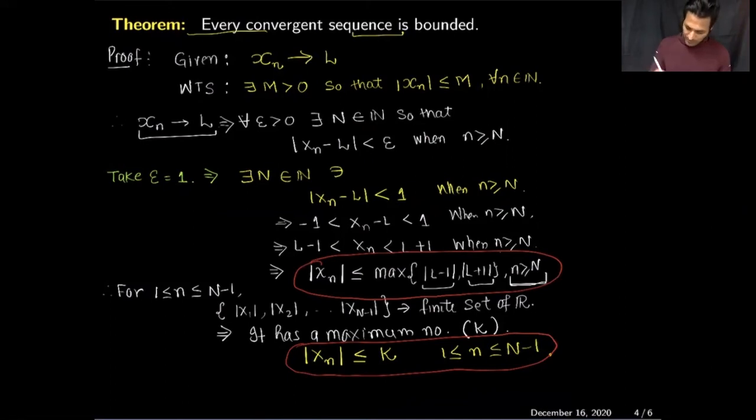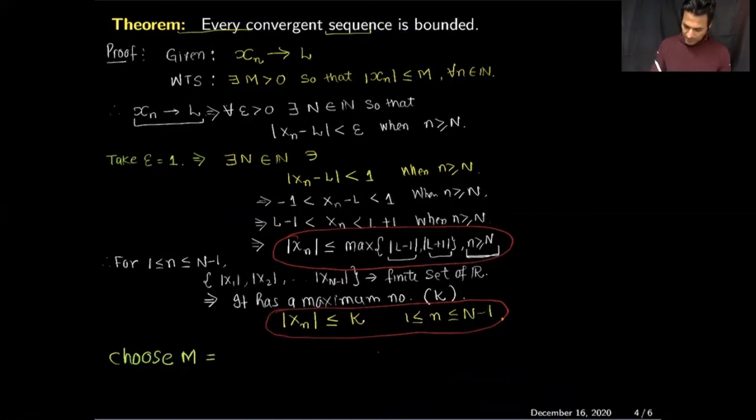In order to combine, first I will choose m as the maximum of the numbers k, L−1 and L+1. Then these two inequalities will hold for that m, because I choose the largest among all these three numbers.